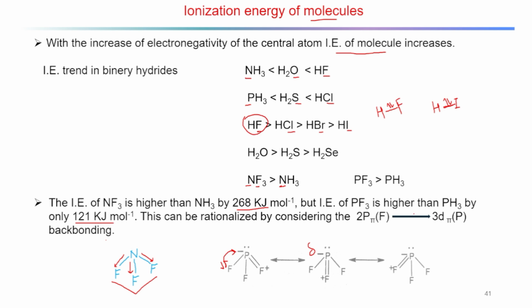But still the ionization energy of PF3 is higher than PH3, because in case of PF3 these fluorines have an inductive effect. They will hold the electrons tightly compared to PH3, right? I'll do here PF3, and here I will make PH3.